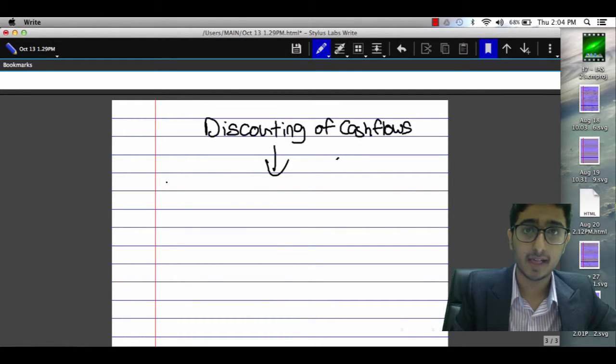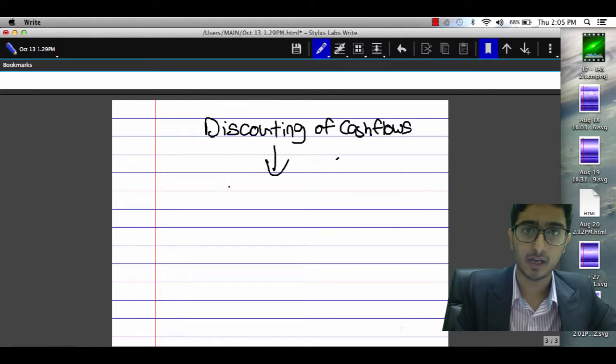Now, in this scenario, we know that the discount rate is 8%. But you can see that it is 8% for 3 years. Why 3 years? Because we will be generating cash flows of $30,000 for the next 3 years. In that case, we will be using this formula.